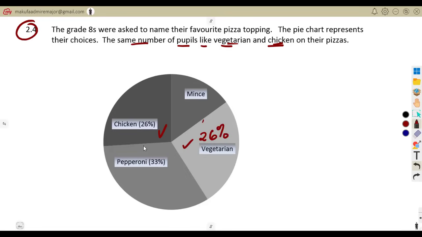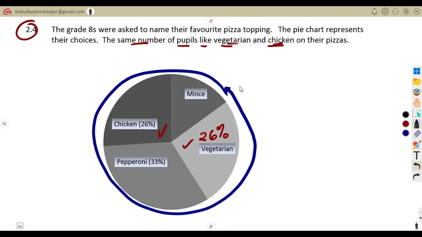It's a percentage they gave us. Remember, percentages add up to 100%. The whole must give us 100%. If they give you degrees, let's say we're given 30 degrees, 40 degrees, that is supposed to be from a complete rotation, which is 360 degrees.